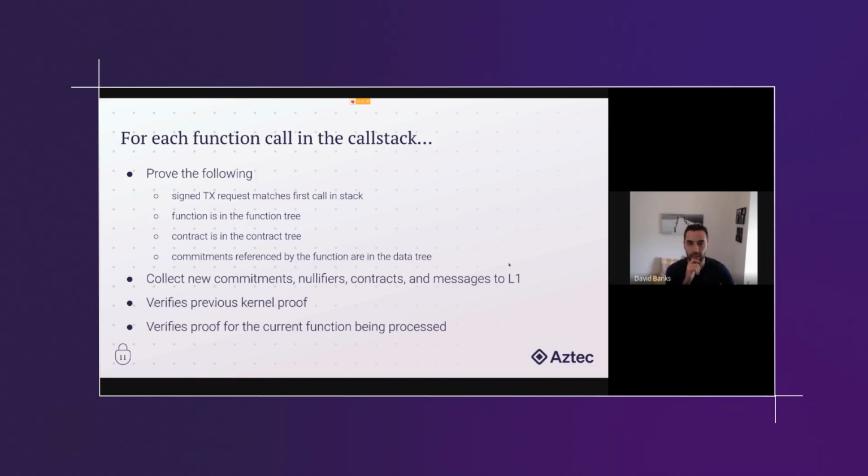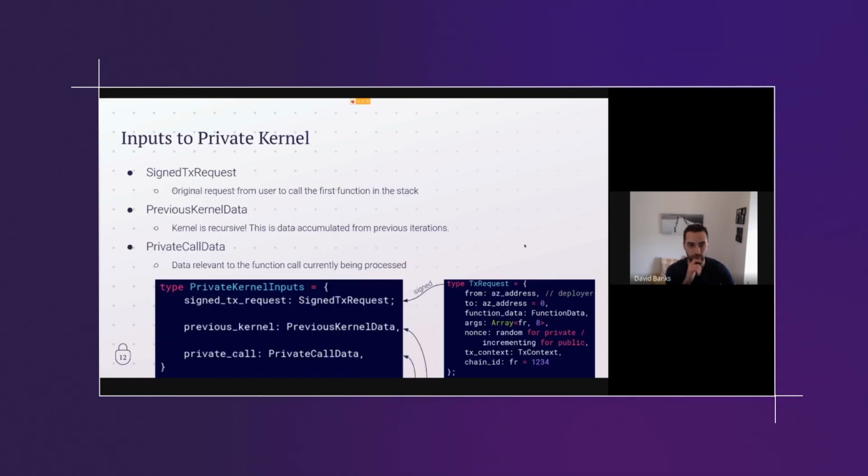That's a great question, and I think the next slide, or one of these next few slides with the data structures, might answer that. So don't let me forget. We need to address how we prove that function A called function B, and that we followed that sequence properly in the kernel. So here are some of the inputs, and hopefully this will help answer that.